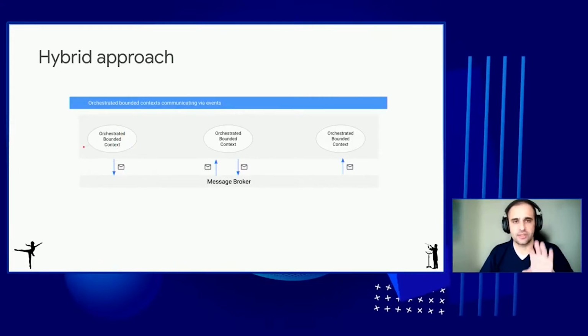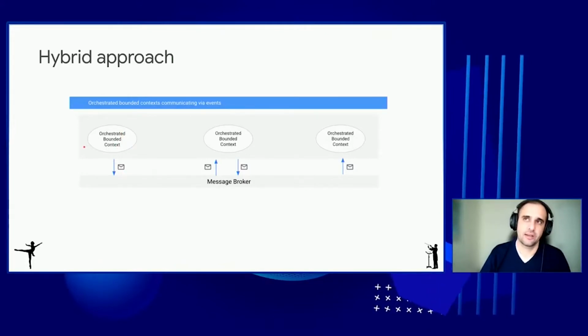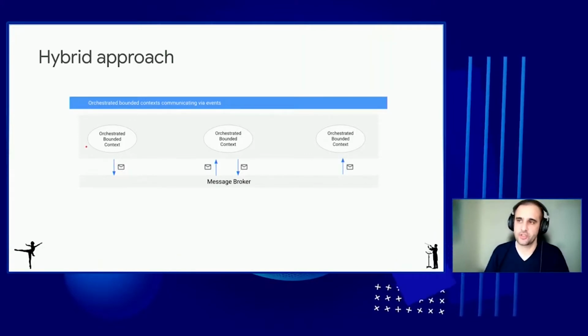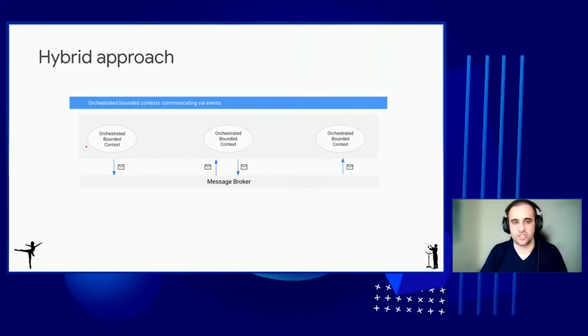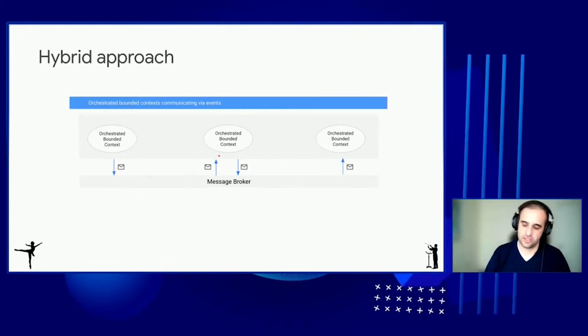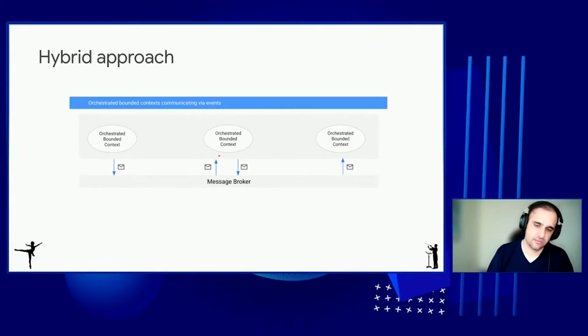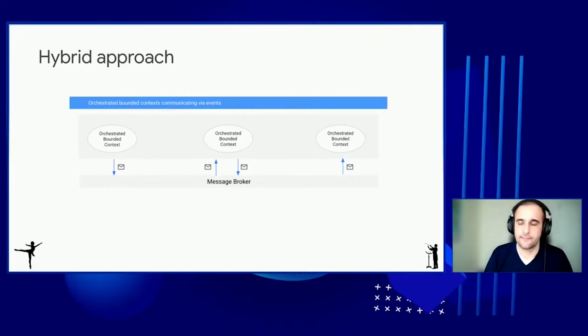Actually, this hybrid approach is what I see mostly. It's not one or the other, but a combination of event-driven orchestration. Maybe an orchestration gets triggered by an event, then it does something, and if it needs to do more things, it signals other orchestrations using messaging. So it's really up to you and what you're trying to do in your architecture.